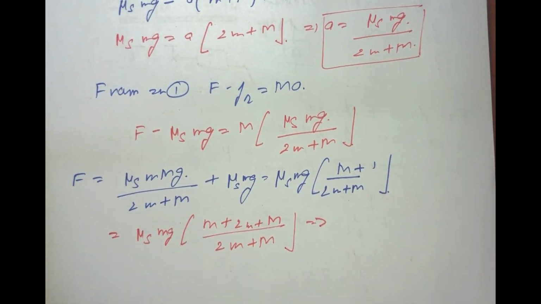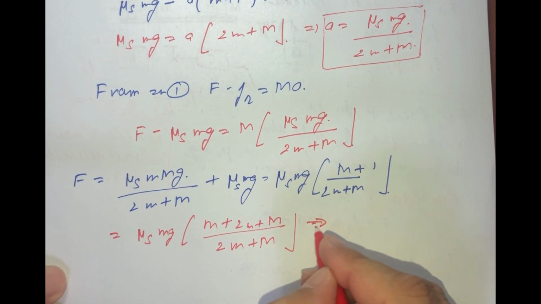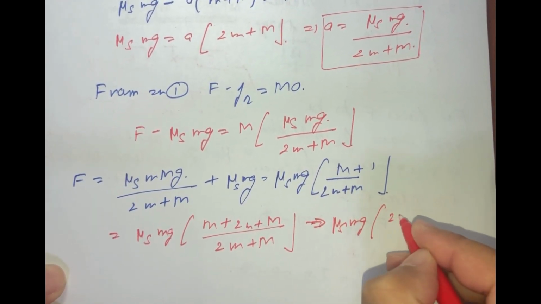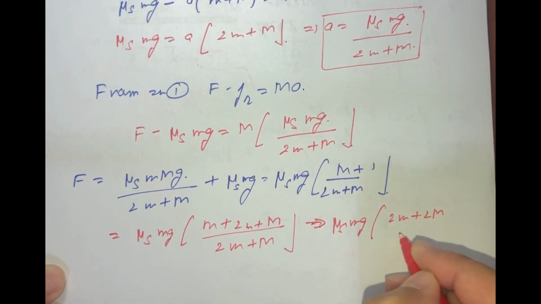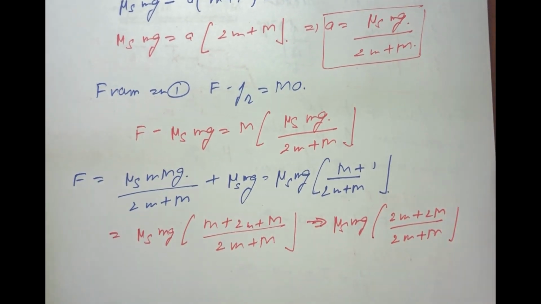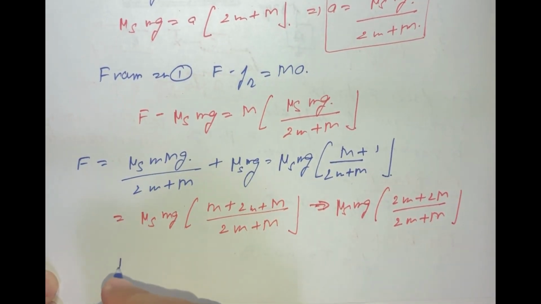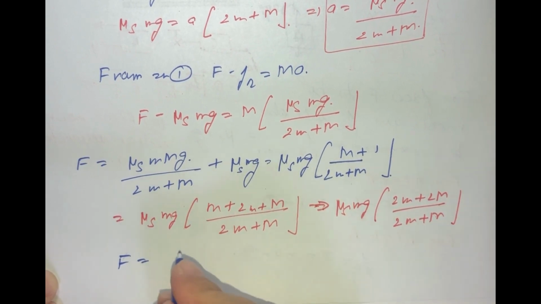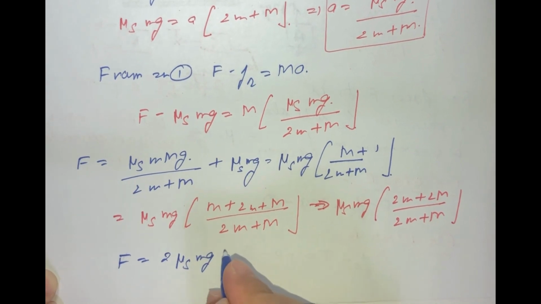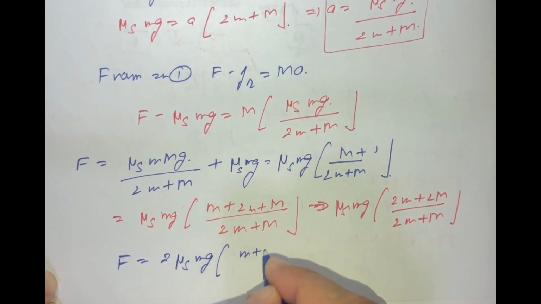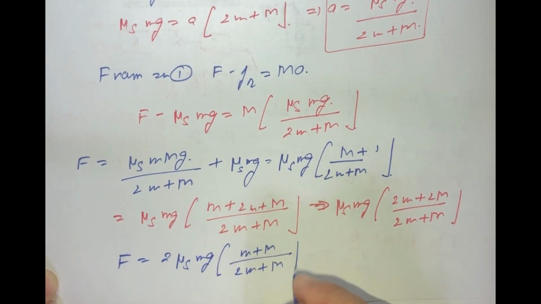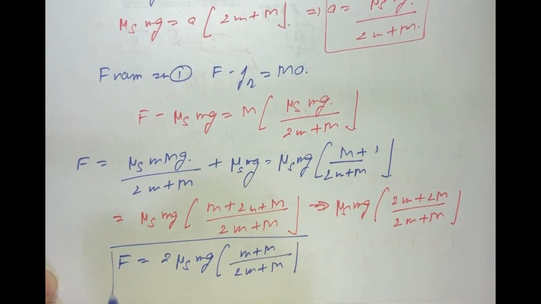Okay, let me write it here, equal to mu S mg, we have (2m plus 2 capital M) divided by (2m plus capital M). So it means the maximum force F is equal to, taking 2 as common, 2 mu S mg times (m plus capital M) divided by (2m plus capital M).